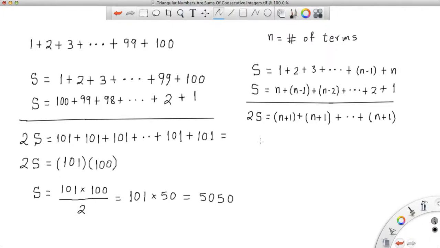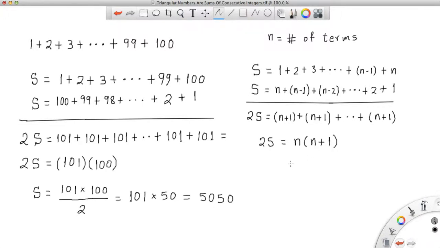So the double of our original sum, the quantity 2s, equals n times, so n is the number of copies of the number n plus 1. This is our constant term that we got there in the combination of those two sums.